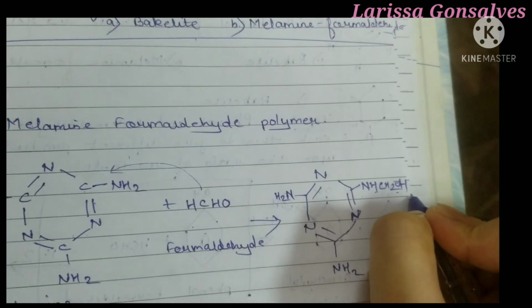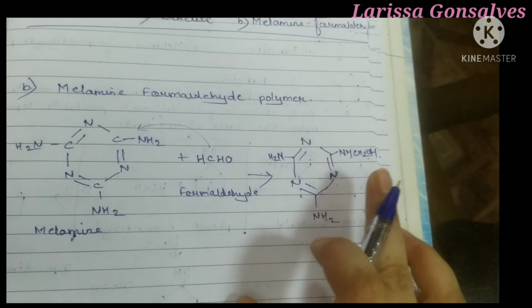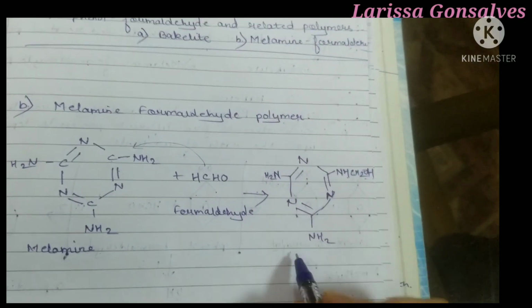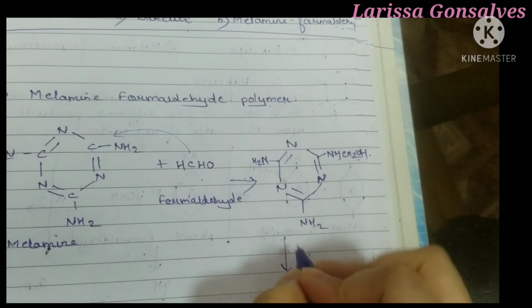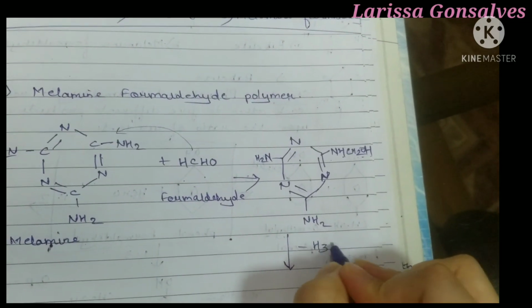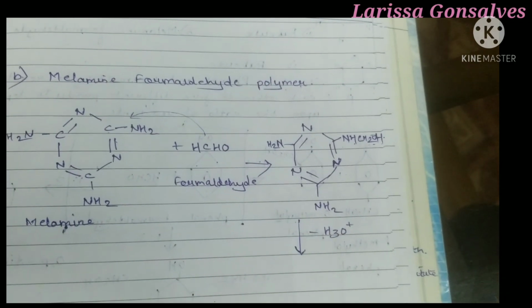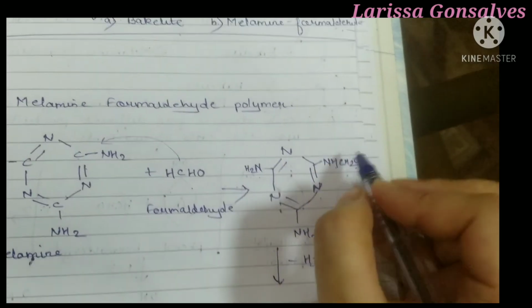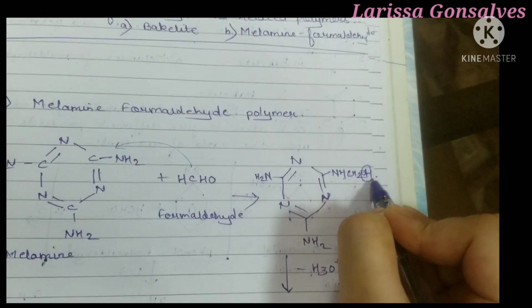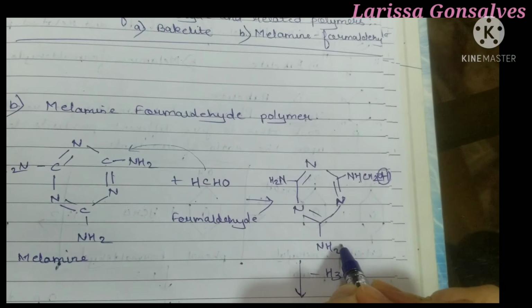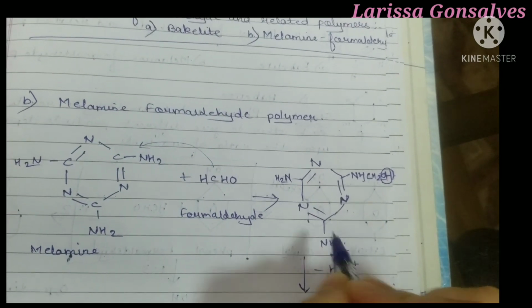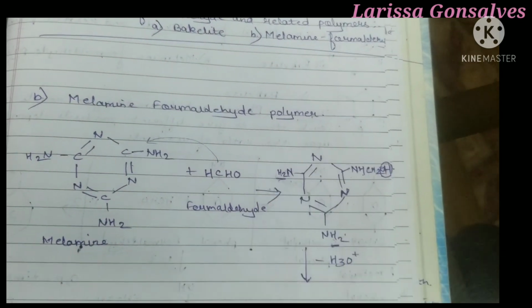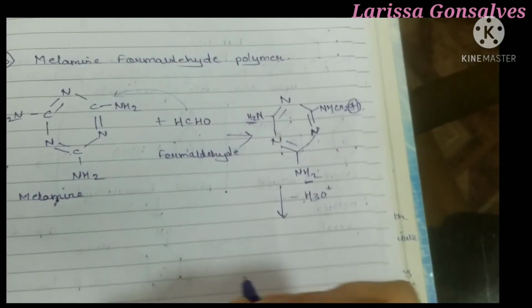CH2OH. Okay, the next step is, in order to carry out the polymerization, you are going to eliminate H3O+ ion, that is hydronium ion. So you will remove this OH group from here, one H from here, and another H from here. So you will be left with what?